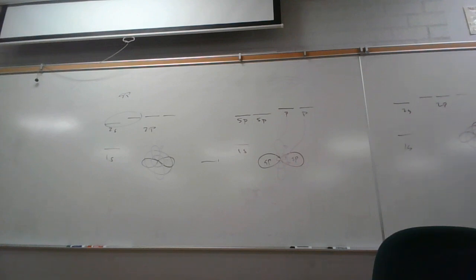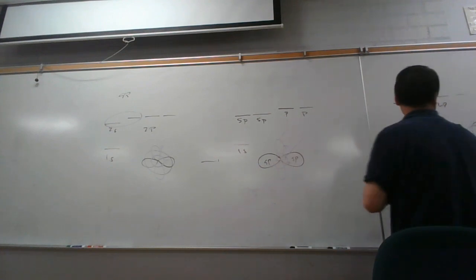The energy level diagram is going to be 1s, and then we're going to have our three sp2 orbitals, and then our one unhybridized p orbital, which is shown in purple there. But we get our three equivalent sp2 orbitals. So this is sp2.